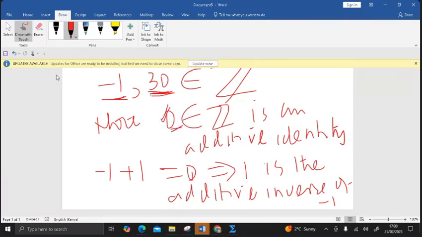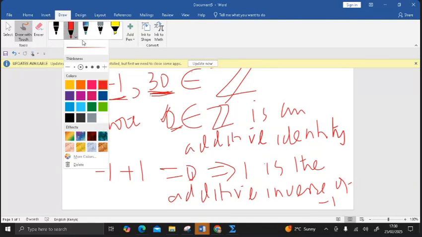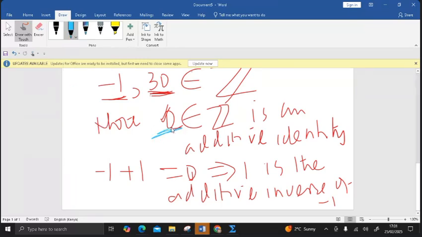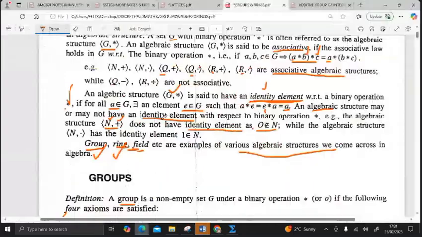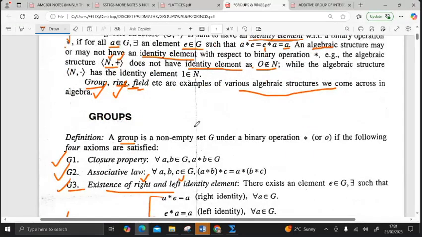The additive inverse of 30 is -30, because when you have 30 plus -30, you get 0, which is the additive identity. This additive identity is unique. Kindly please know that: the additive identity is unique.